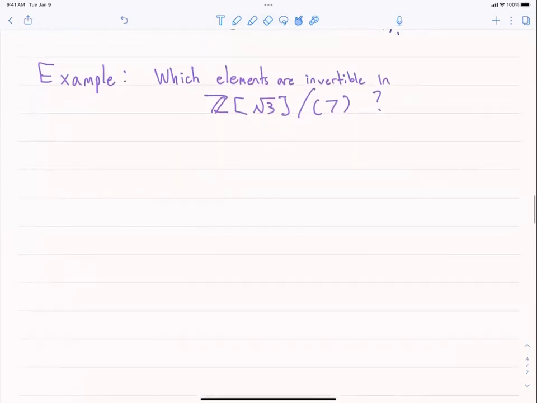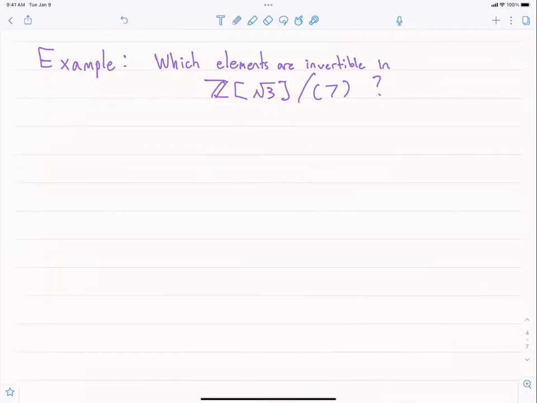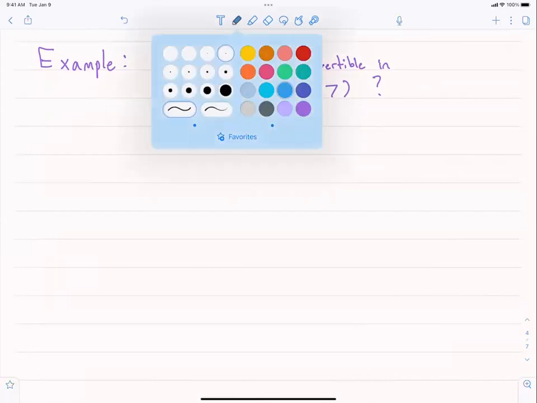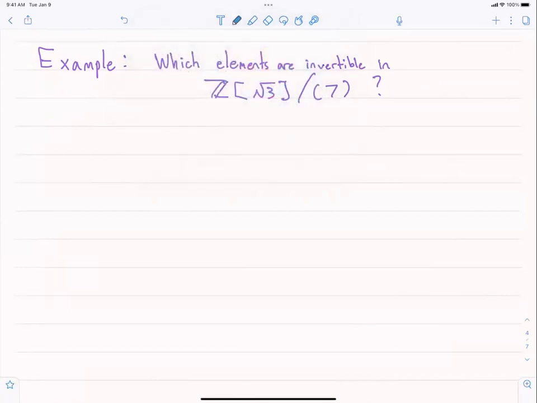Okay, so for example, let's say which elements are invertible in Z[√3] modulo 7. Turns out we can do this the exact same way we did the computation to show that Q[√3] was a field.